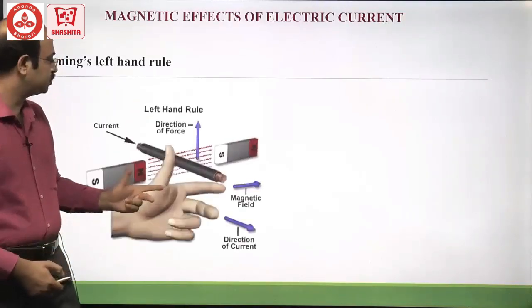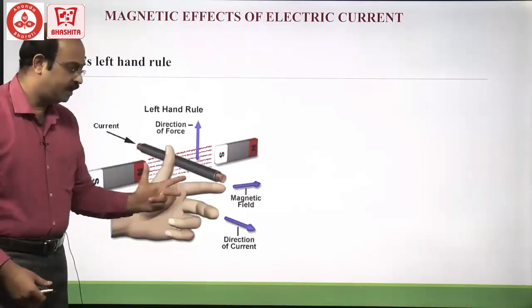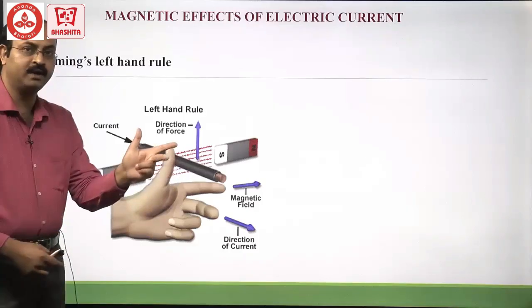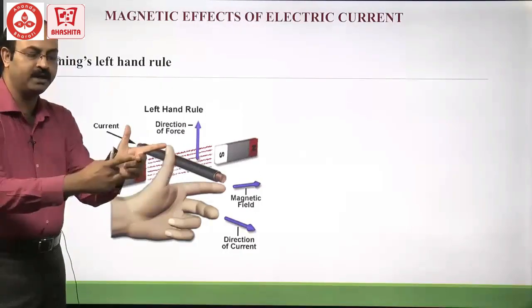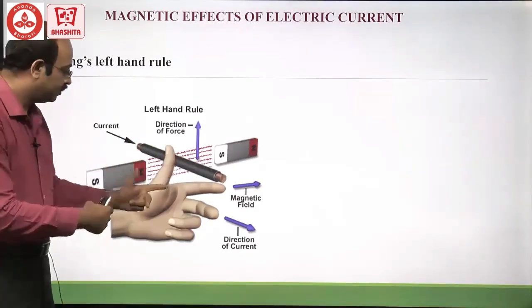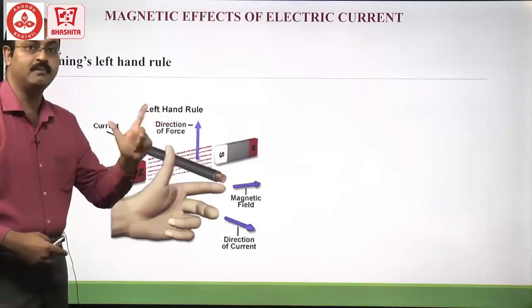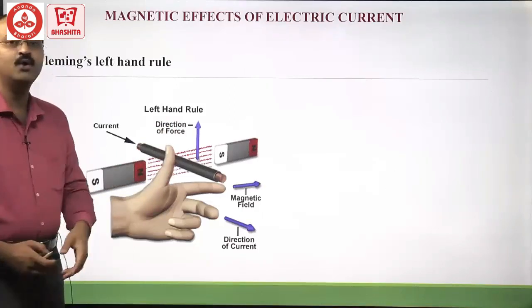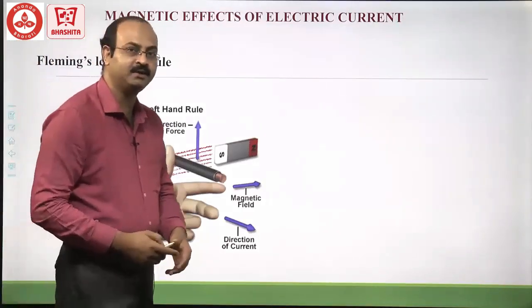Align your central finger in the direction of the current, the forefinger in the direction of the magnetic field, then the thumb will give you the direction of the force experienced by the conductor.